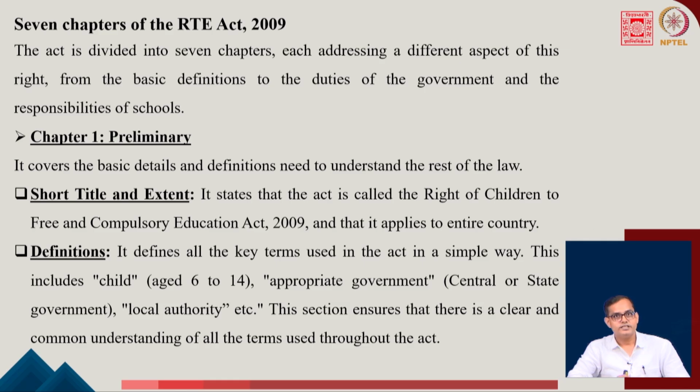Definitions. It defines all the key terms used in the Act in a simple way. This includes child, that is age 6 to 14 years, appropriate government, that is central or state government, local authority, etc. This section ensures that there is a clear and common understanding of all the terms used throughout the Act.